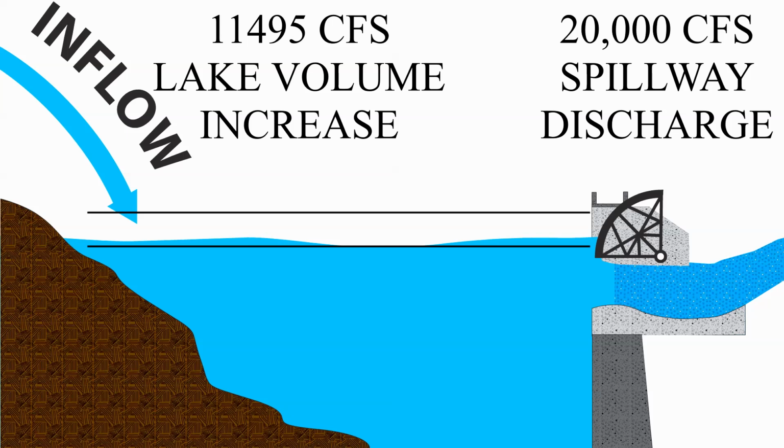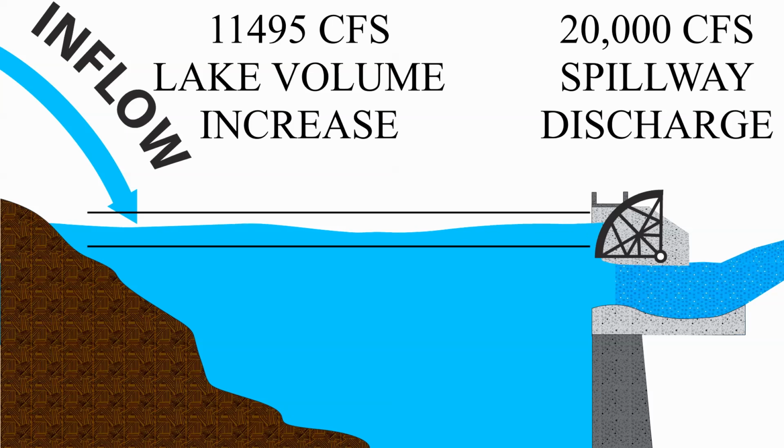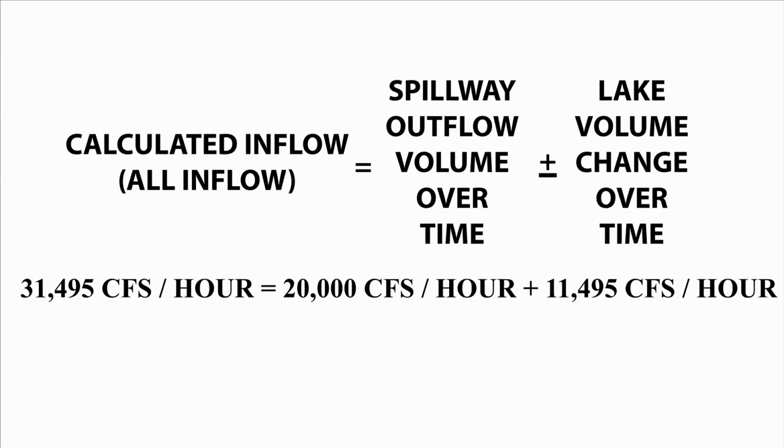This lake is rising 1 foot while the spillway flow is 20,000 CFS. The unknown inflow is 20,000 CFS, which accounts for the spillway discharge, added to 11,495 CFS, which accounts for the lake volume increase.